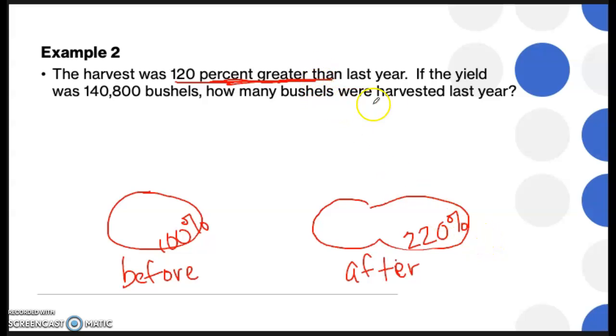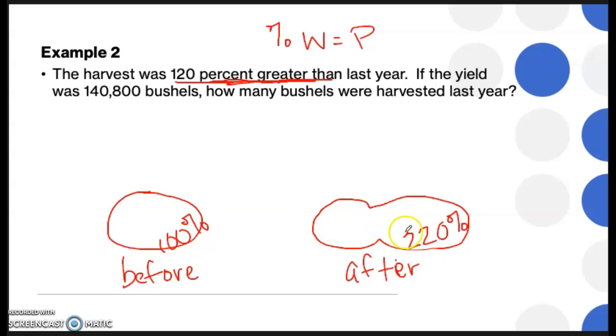So the yield this year was 140,800 bushels. How many was last year? So last year is our whole. This year is our part, even though it's larger than the whole. So we go back to that, the percent of the whole equals the part.